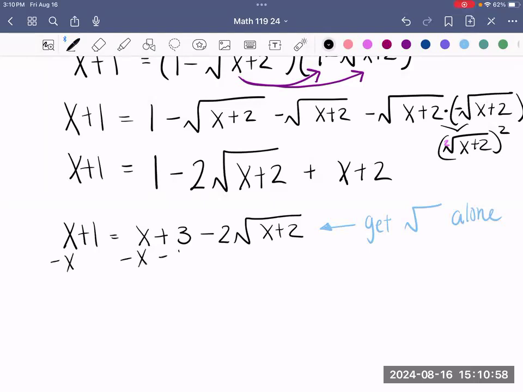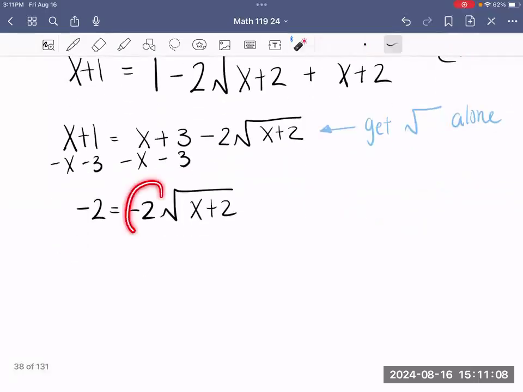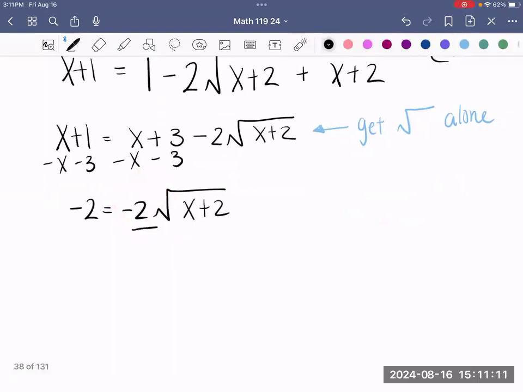Let's bring over your 3. So you're left with negative 2 is equal to negative 2 square root x plus 2. It's not alone. You still have a negative 2 as a coefficient. So let's go ahead and divide by negative 2. So your 1 is equal to square root of x plus 2.